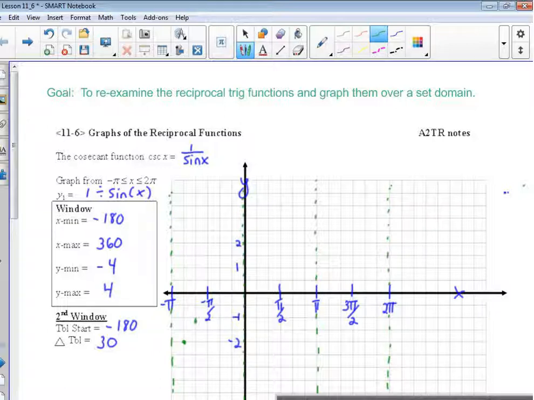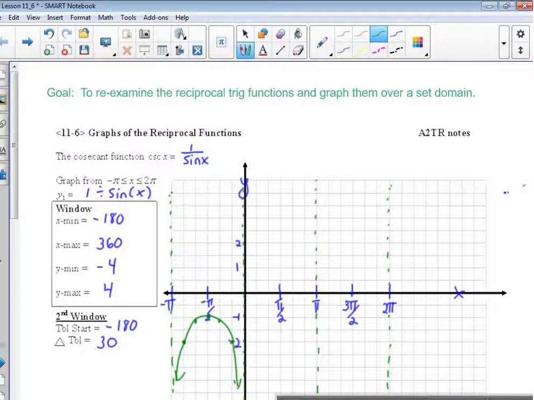And then negative 90 is at negative 1. Negative 60 was at negative 1.2 again, and then negative 30 was back down there at negative 2. So you're going to get arrows that go along these asymptotes, just like that. And then you should notice that the same thing happens on the other side, except it's up above the x-axis.